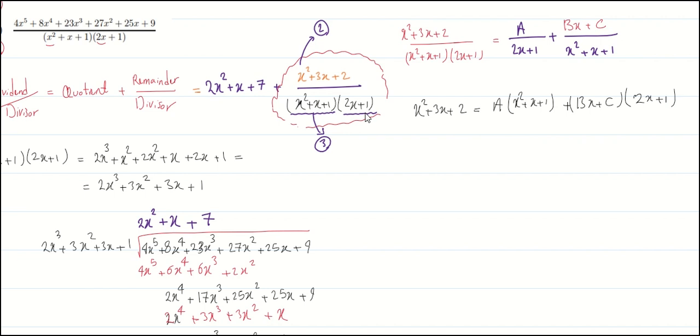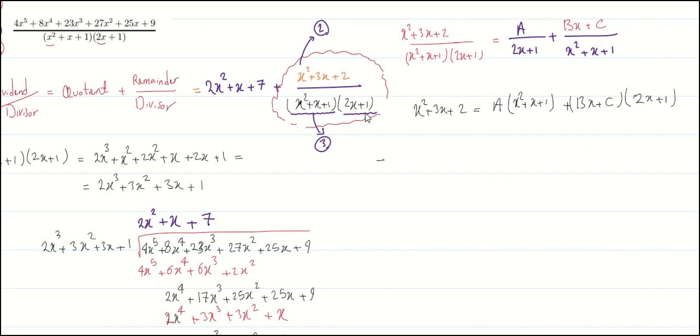Now we have to find the A, B, and C values. In order to do so, I'm going to use the plugin method to make smart guesses of x and try to cancel out some terms and find the A, B, and C values easily.